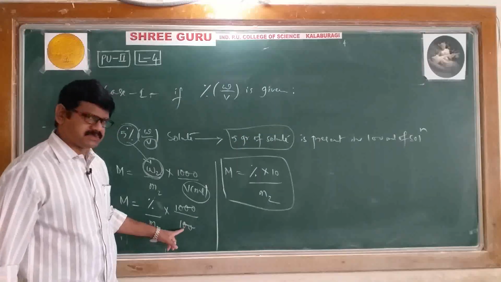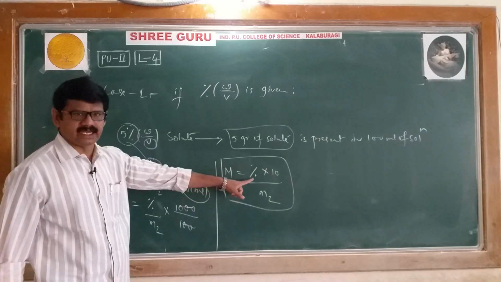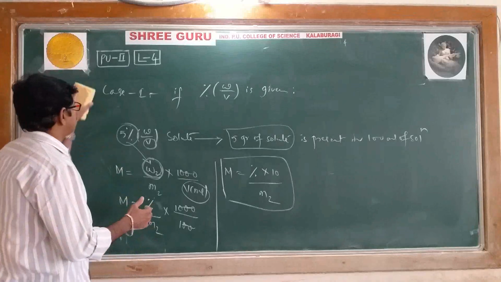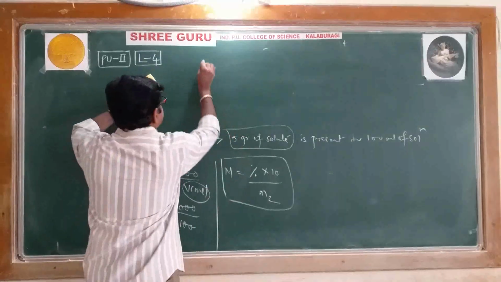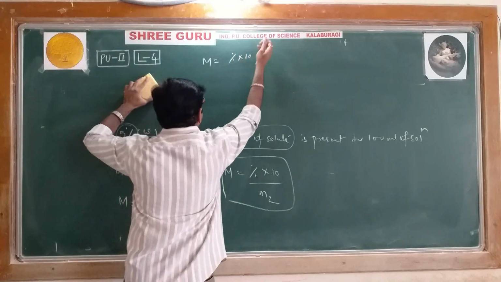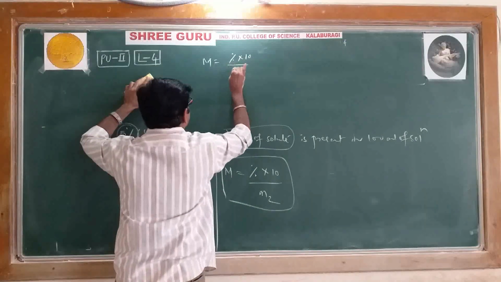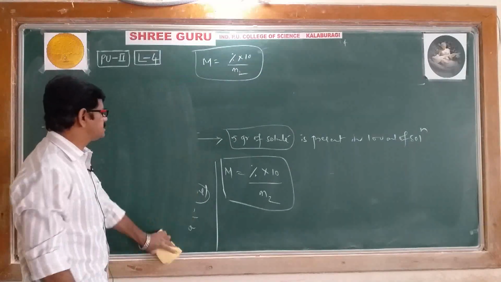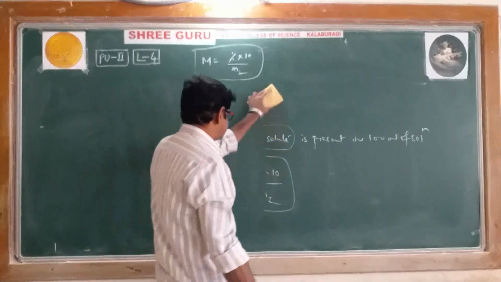If you simplify, you get this formula. Molarity equals percentage into 10 divided by molar mass of solute. Based on this formula we'll solve some questions.